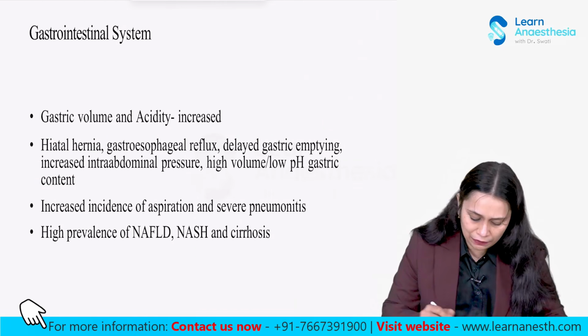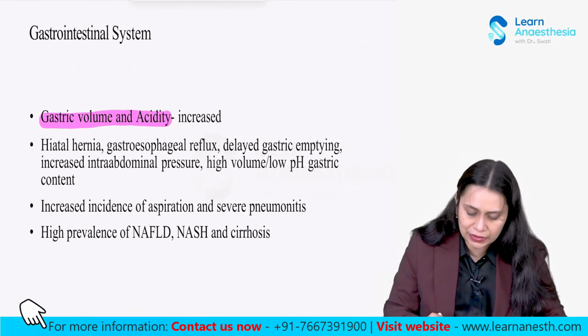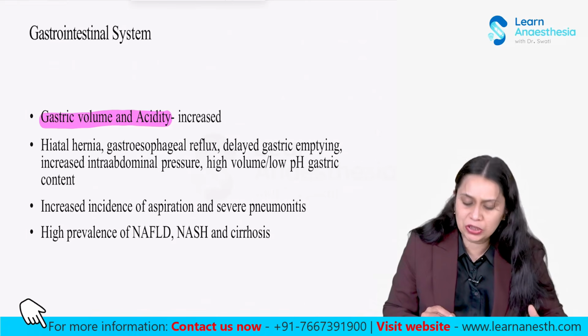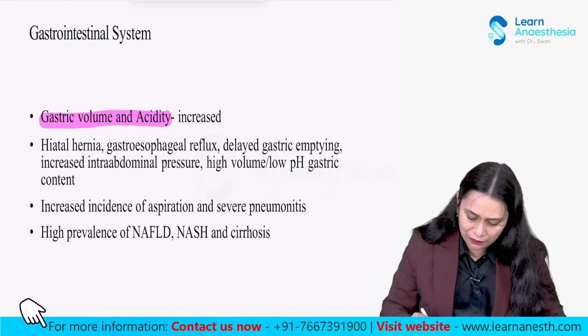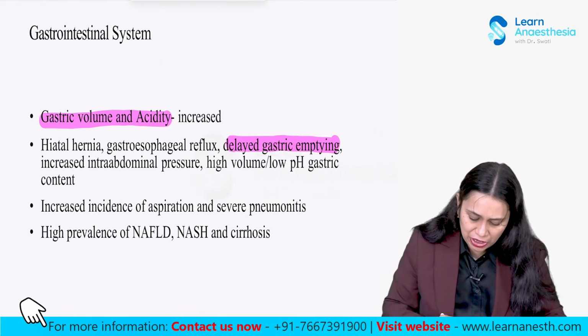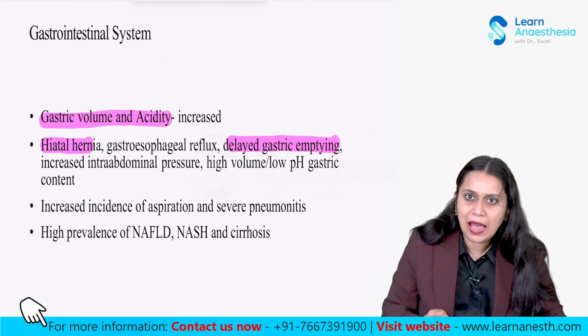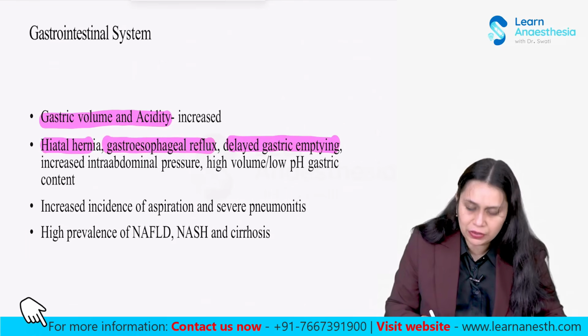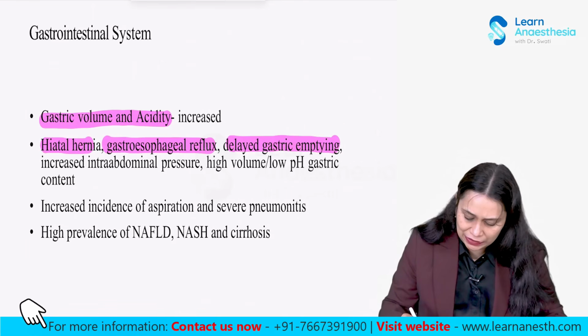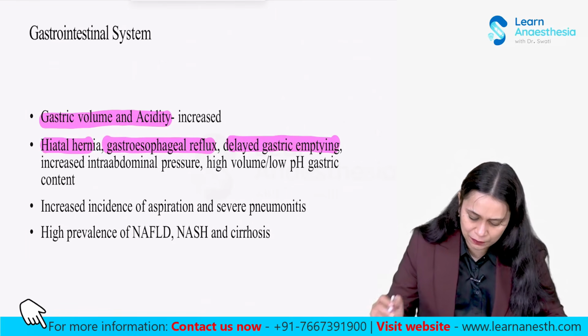Okay. Now, next system, the gastrointestinal system. Gastric volume and acidity are increased in these patients because of delayed gastric emptying. They have an association with hiatal hernia and gastroesophageal reflux. All this can increase the gastric volume, decrease the gastric pH and increase the risk of aspiration.